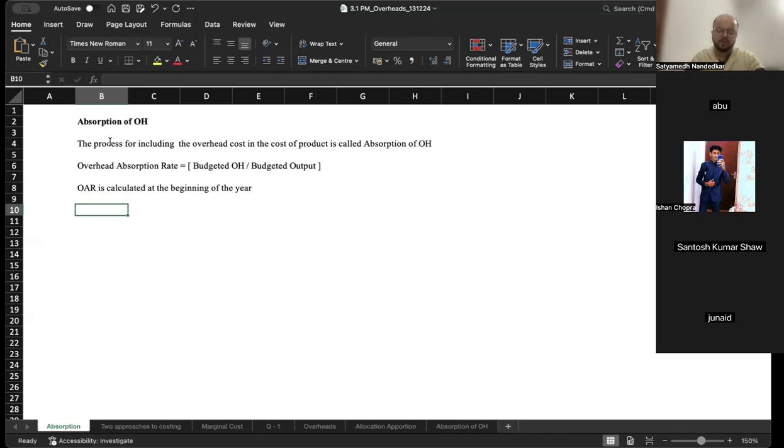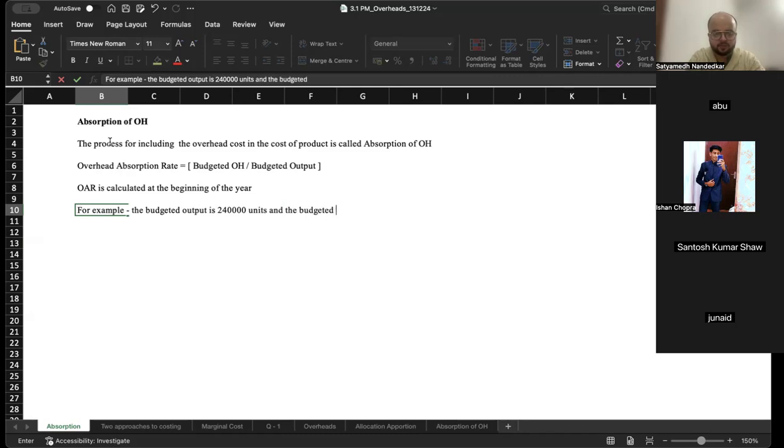Say, for example, the budgeted output is 2,40,000 units, and the budgeted overheads are, say, 36 lakhs. So my overhead absorption rate, which is budgeted overheads upon budgeted output, is 36 lakh upon 2,40,000.